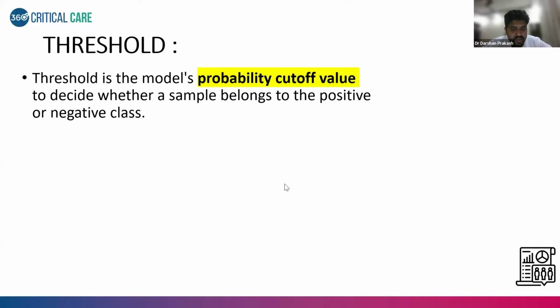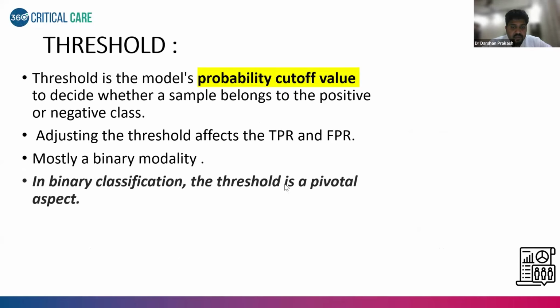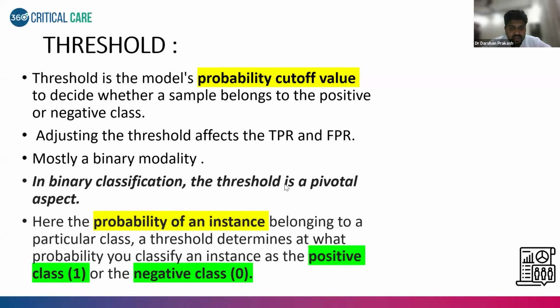I told you earlier that it's a binary model. It will only tell us if it is positive or negative. Correct? So this threshold helps us adjust the effects to the true positive rate and the false positive rate. Okay. In binary classification, the threshold becomes the most pivotal component. And hence it helps us get a consideration of whether the test result is positive or negative.